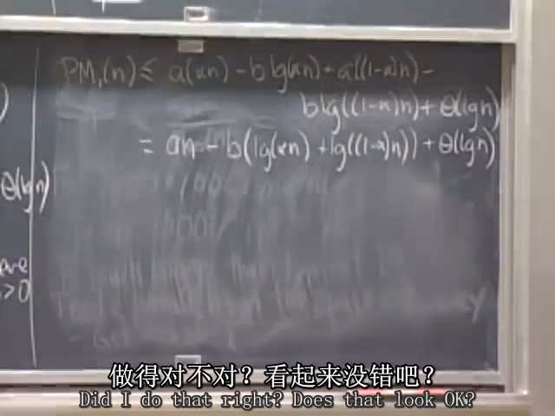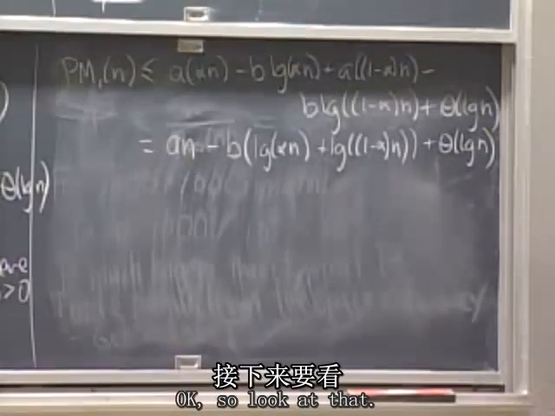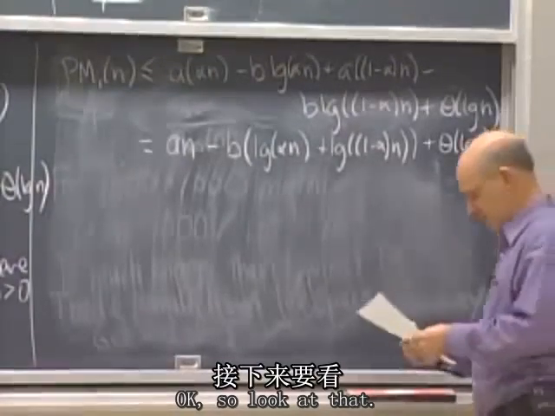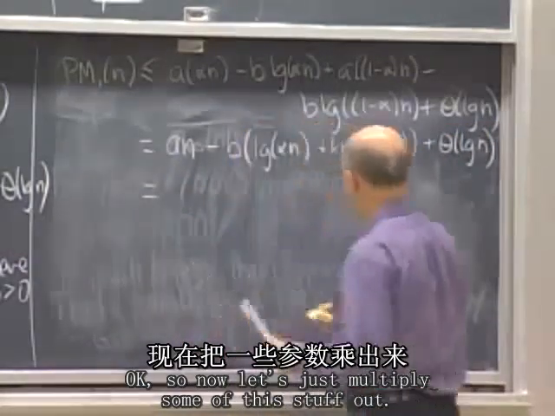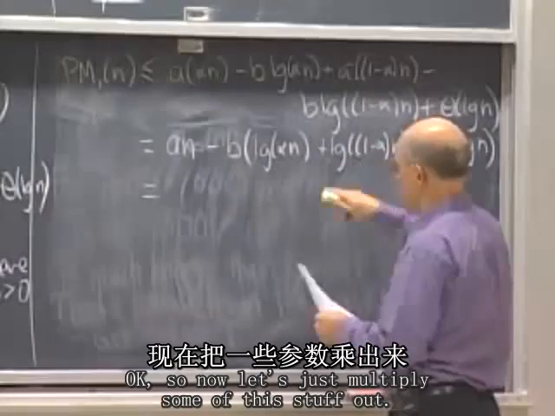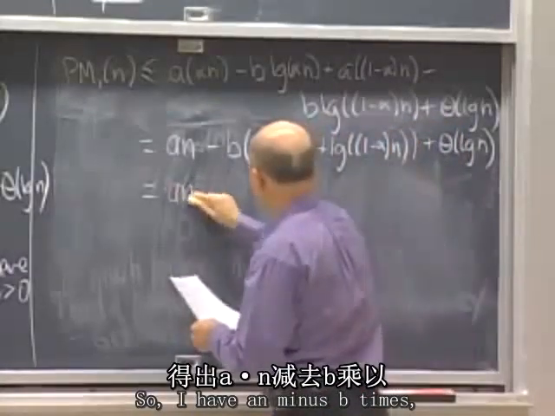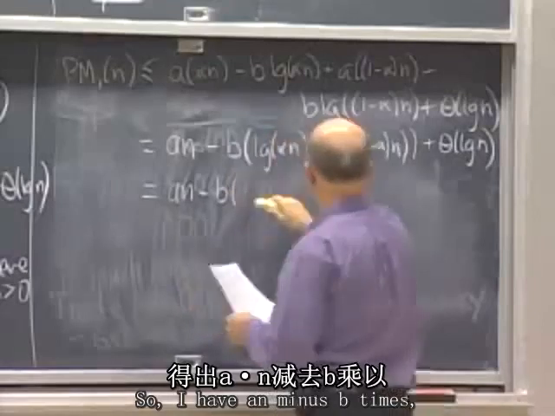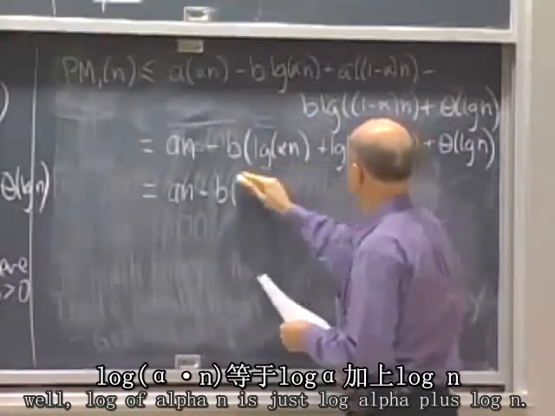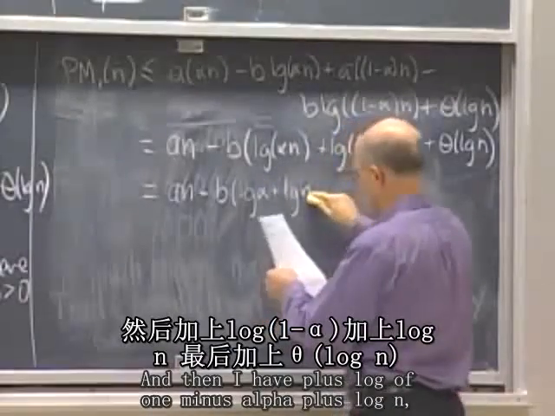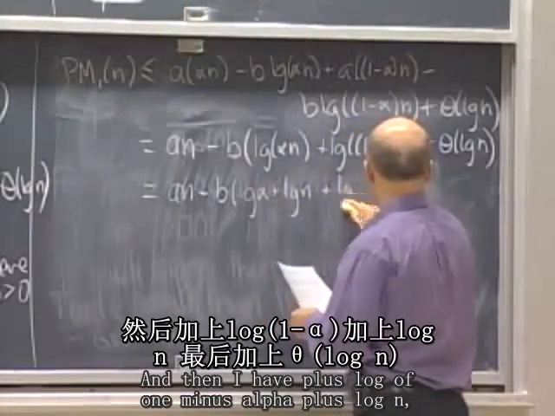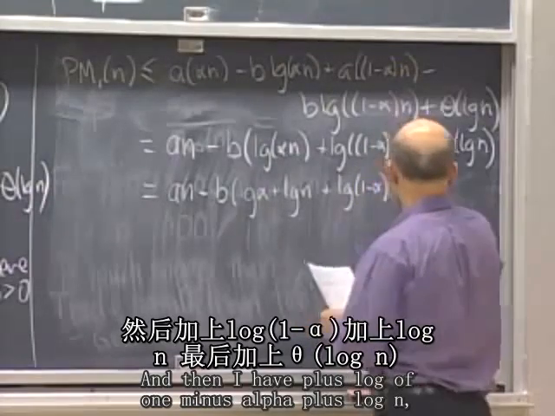Did I do that right? Does that look okay? Okay. So look at that. Now let's just multiply some of this stuff out. So I have an minus b times, well, log of alpha n is just log alpha plus log n. And then I have plus log of 1 minus alpha plus log n.